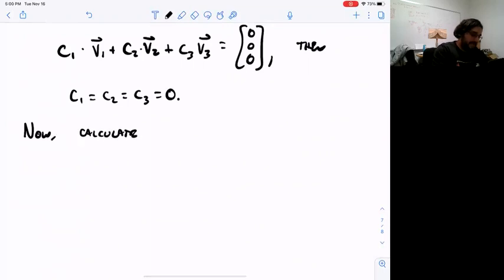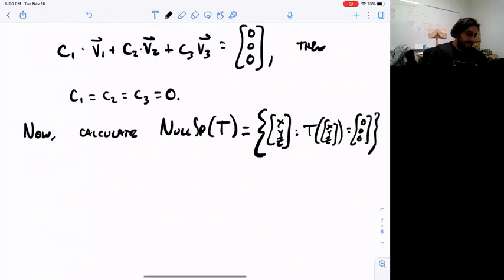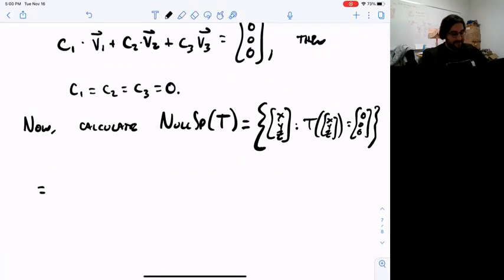suppose someone said, calculate the null space of T. Well, what is the null space of T? The null space of T is the set of all vectors x, y, z such that T of x, y, z is the 0 vector, right? But what is T of x, y, z?